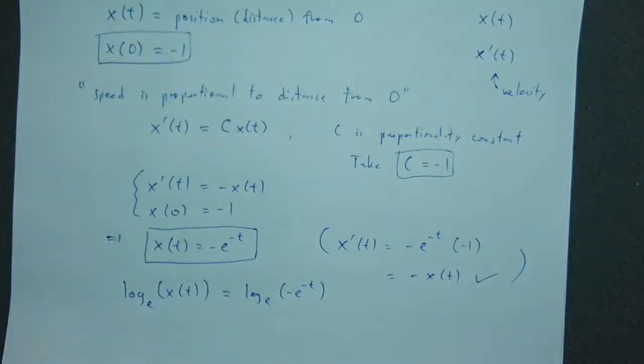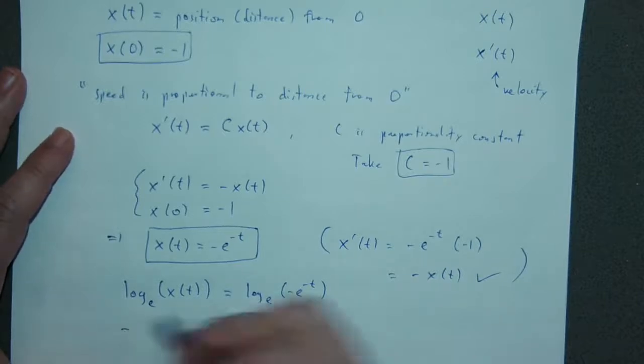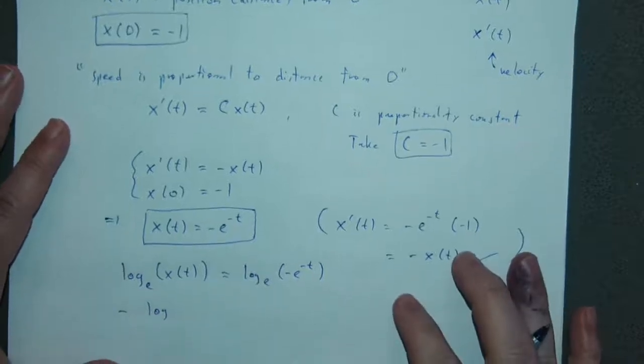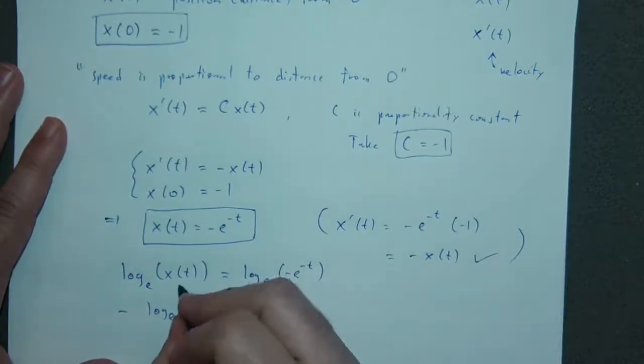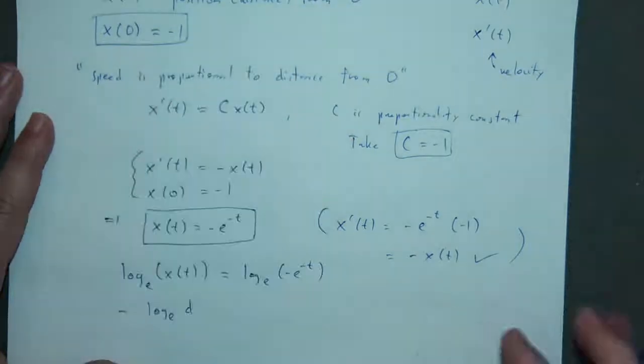What's another way of writing this out? Well, this is minus log base e of d, that's my distance, x of t is my distance here.